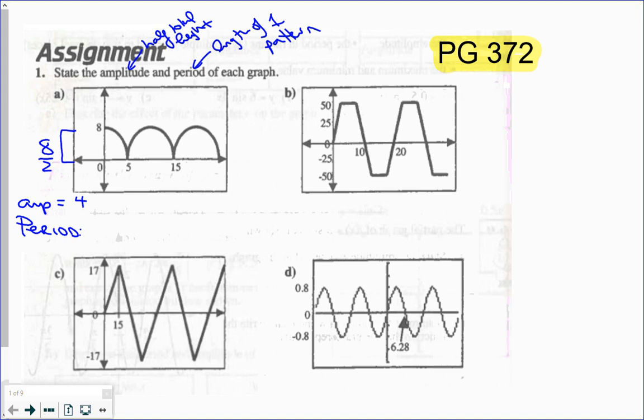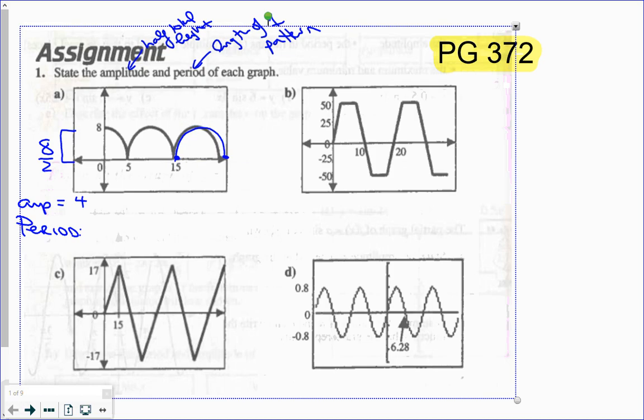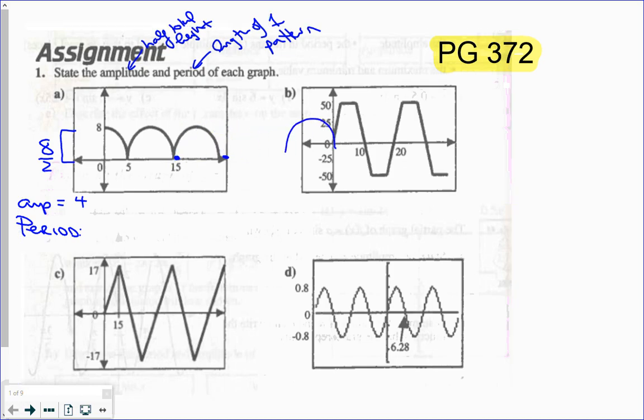Now, you can see the pattern in many different ways. For me, the pattern here, I'm going to start it right here and finish it right here. So to me, that is my pattern. If I take that pattern and move it, there's the next pattern. There's the next pattern. There's the next pattern. That's the pattern. Same thing here.